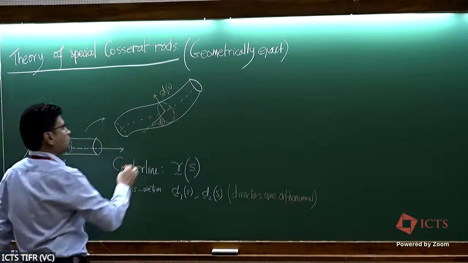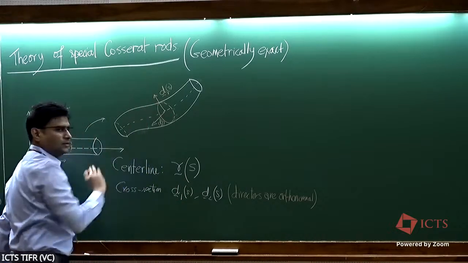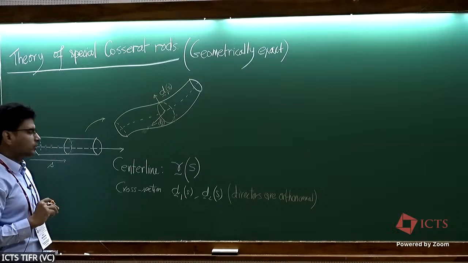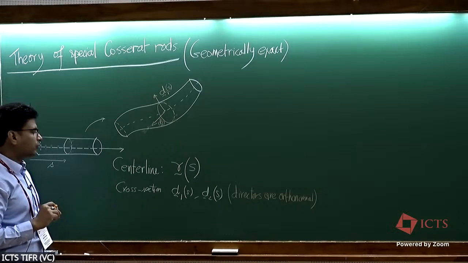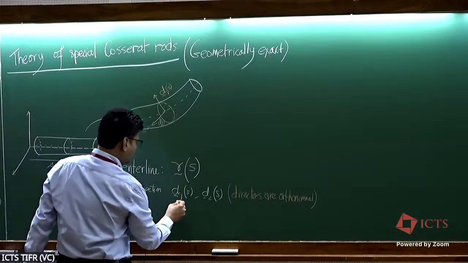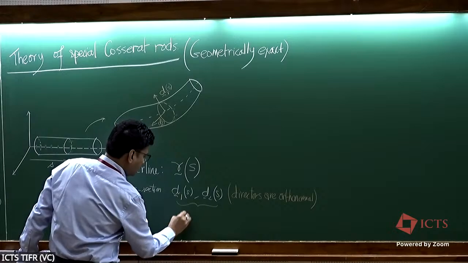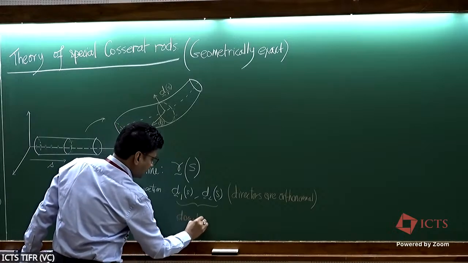D1, D2 then signifies the plane of the cross-section, the deformed plane of the cross-section. And therefore, it also signifies the orientation of the cross-section, okay?